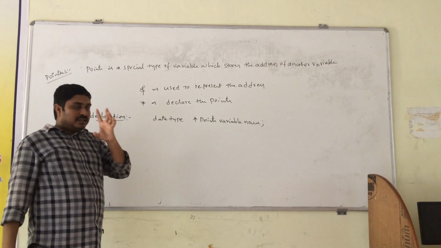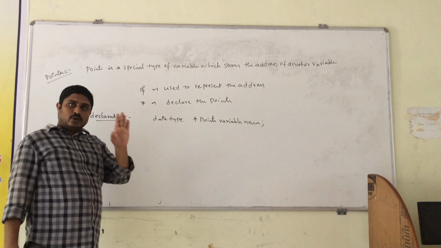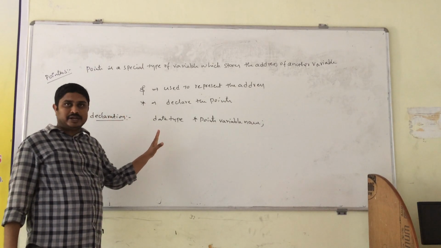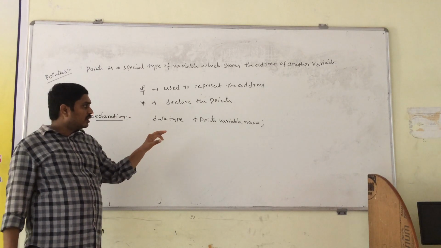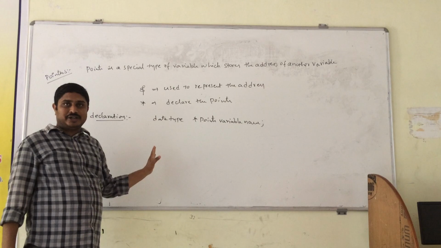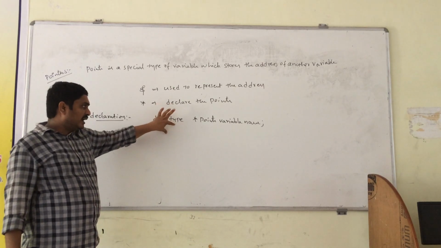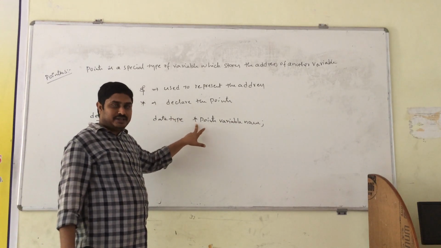For example, the integer variable address can be stored in an integer pointer only. The float variable address can be stored in a float pointer only. The character address is stored in the character pointer only. So for this purpose we use the data type, and here the asterisk represents that it is a pointer.